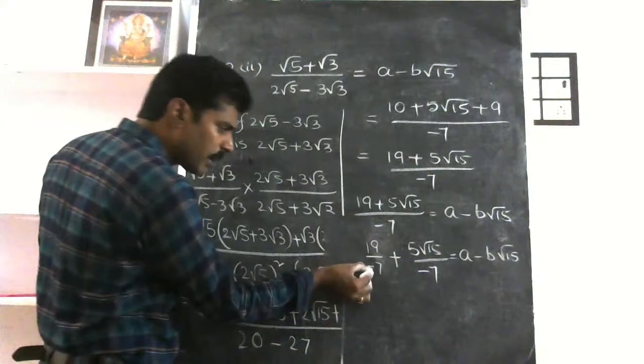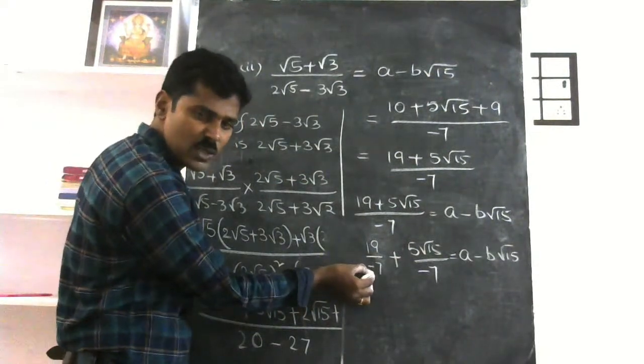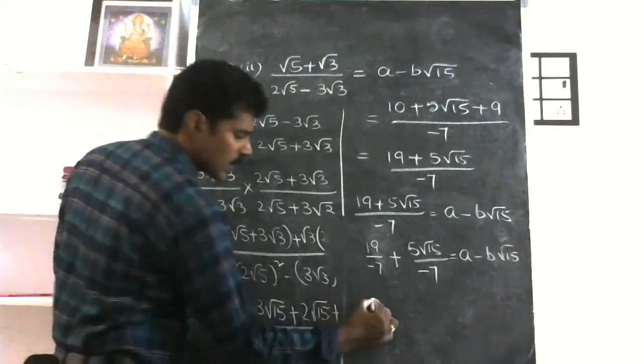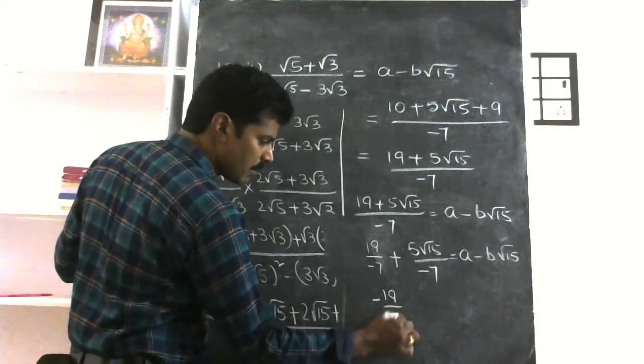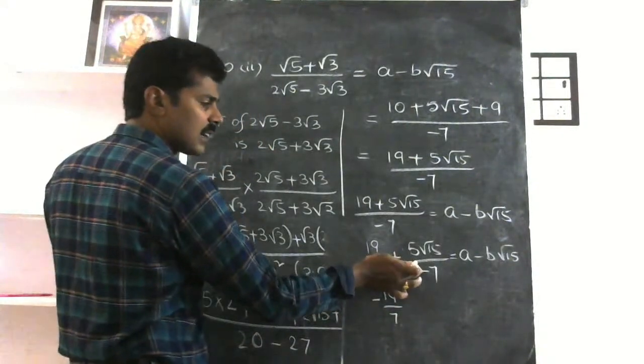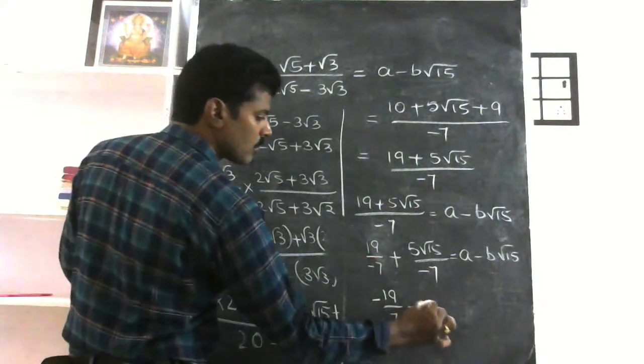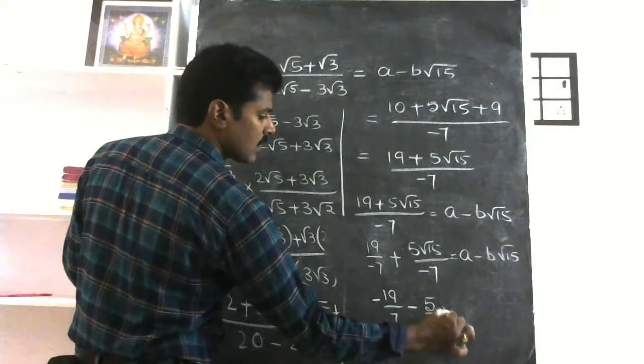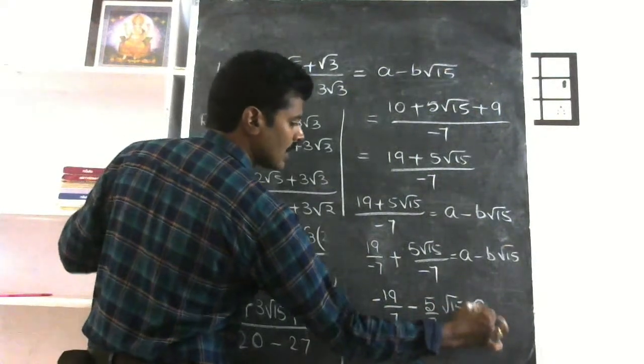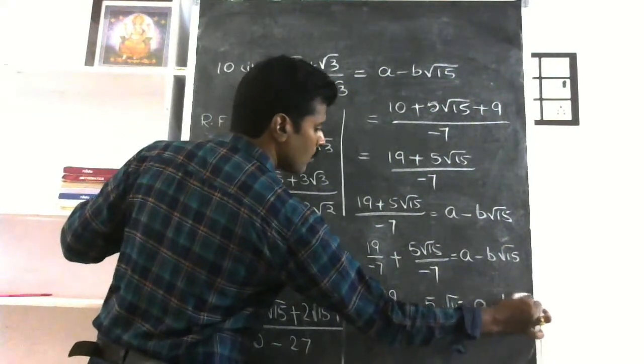And then the next step will be, if the denominator has the negative symbol, we will keep that in the numerator. So it becomes minus 19 by 7. And here you will keep plus of minus as minus. So minus 5 by 7 √15 equals a minus b√15.